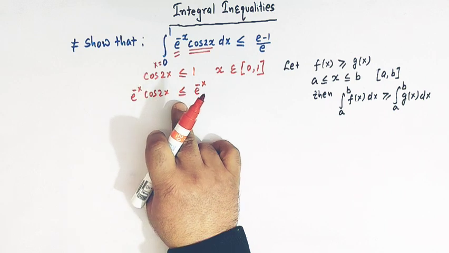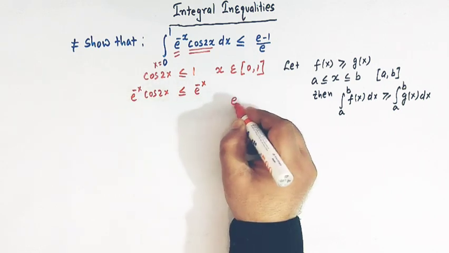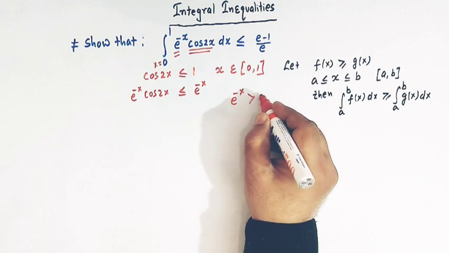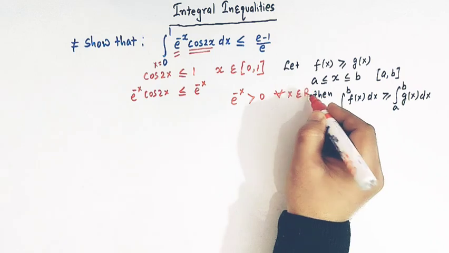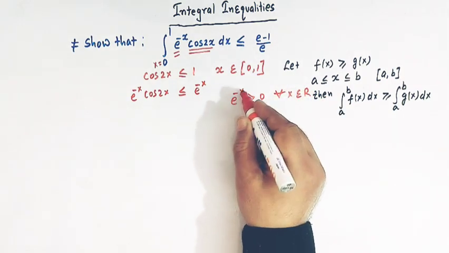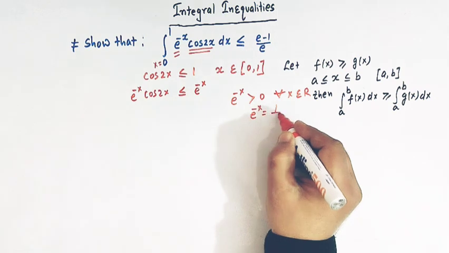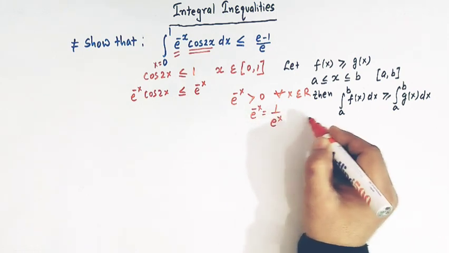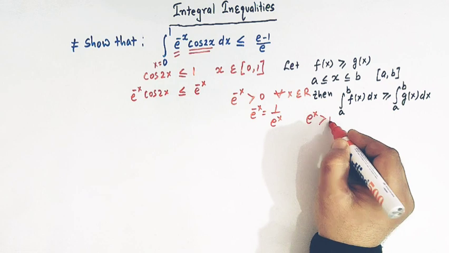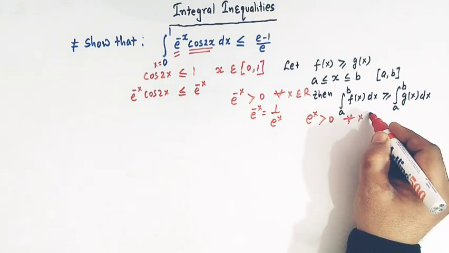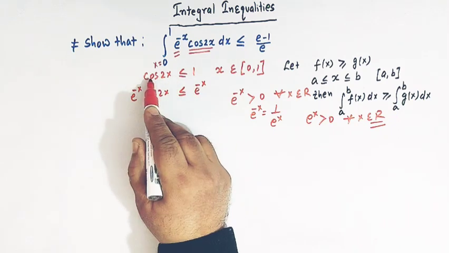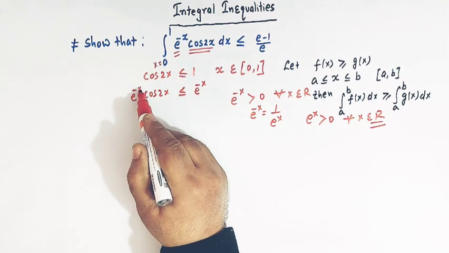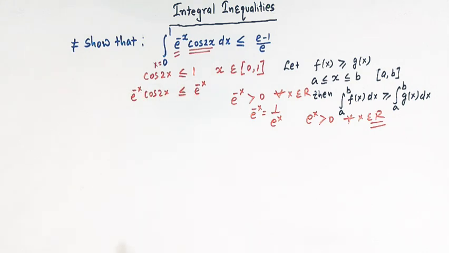One thing is very important: e raised to minus x is always greater than 0 for all x belonging to the set of real numbers, because e raised to minus x can be written as 1 over e raised to x, and e raised to x is always greater than 0 for all real x. So when we multiply this inequality both sides by e raised to minus x, the direction of the inequality remains the same.